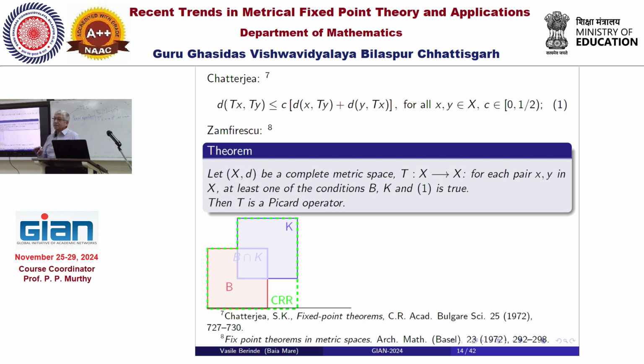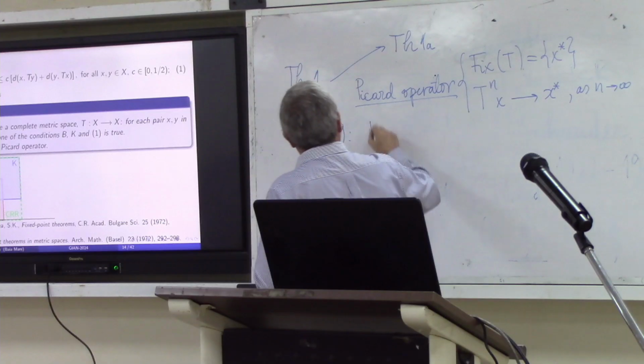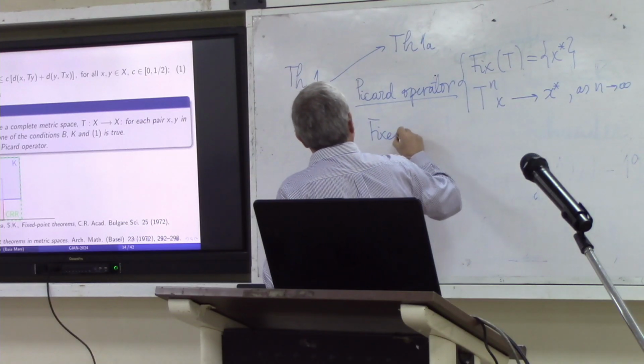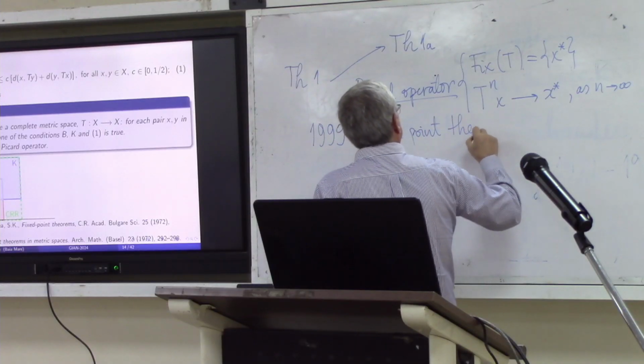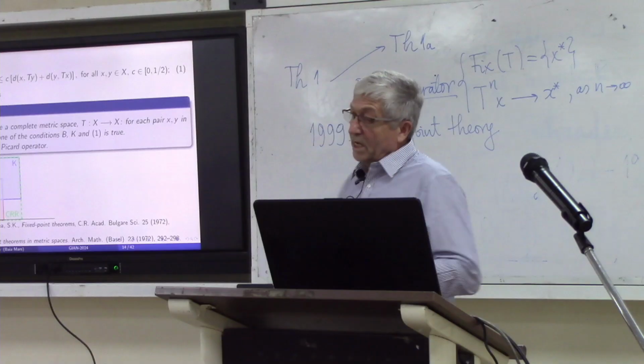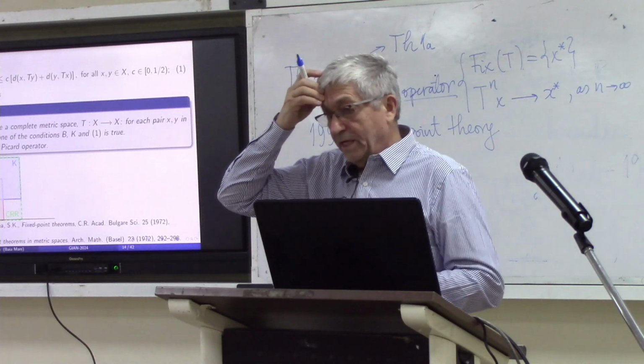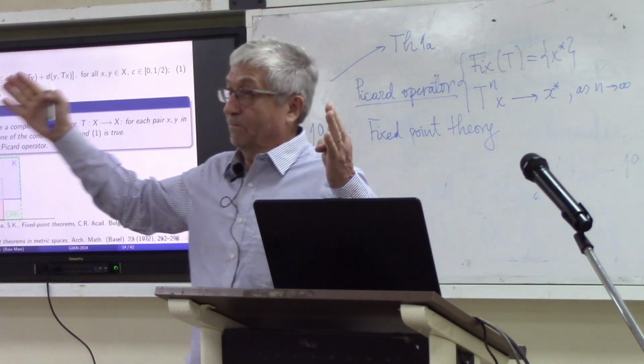Zamfirescu's paper was, at the time, about 1999. I was teaching a course on fixed point theory. At that time, in Romania, the bachelor degree was 5 years.